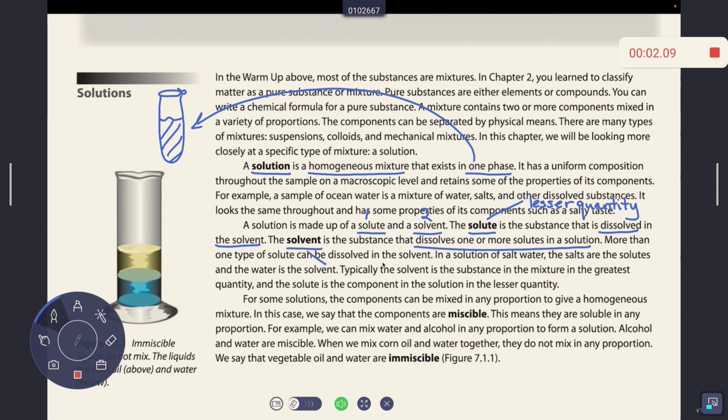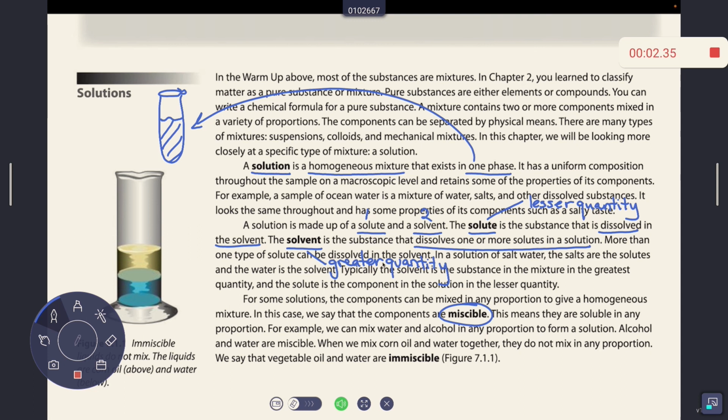Typically, the solvent is present in a greater quantity. So if you've got a solution made of salt and water, the salt would be the solute, the solvent would be the water, okay?